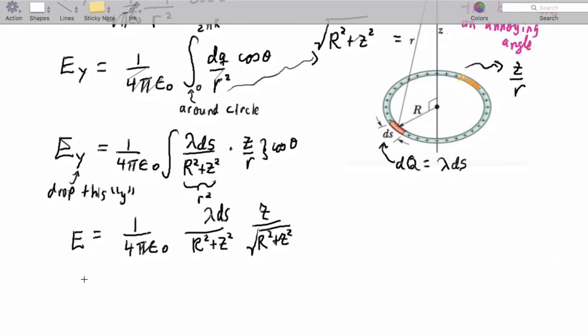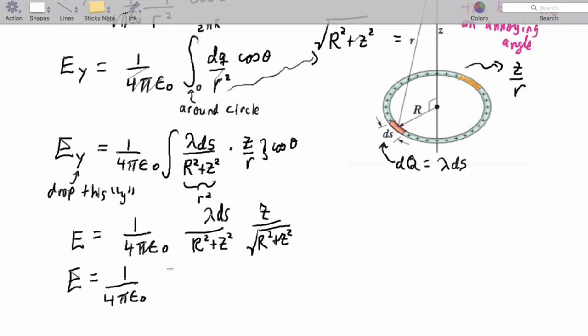So, continuing here, we have E equals 1 over 4 pi epsilon naught.